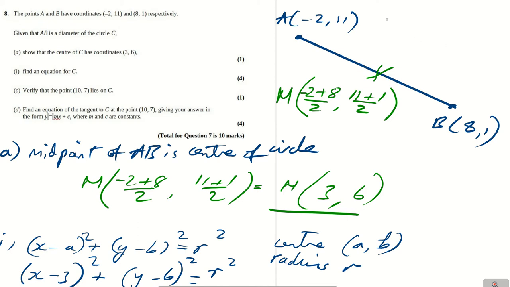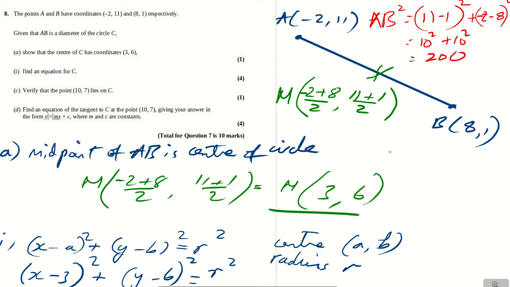Well, it's Pythagoras, so AB squared is going to be the difference in the y coordinates, all squared, which is 11 minus 1 all squared, plus the difference in the x coordinates, which is minus 2 minus 8 all squared. And that, of course, is 10 squared plus 10 squared, which is 200. Okay. So the diameter AB is equal to the square root of 200.